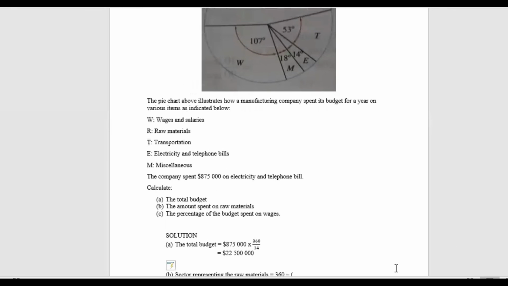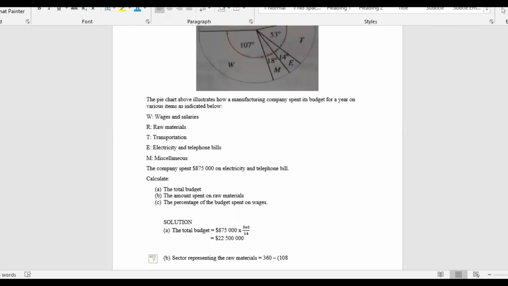So we know that we have W, which is wages and salary, as 107. We have miscellaneous as 18. Then we have electricity as 14, and then we have transportation as 53. So we add everything there and subtract it from 360. Tell me how much you got.